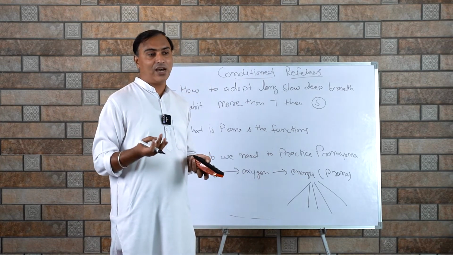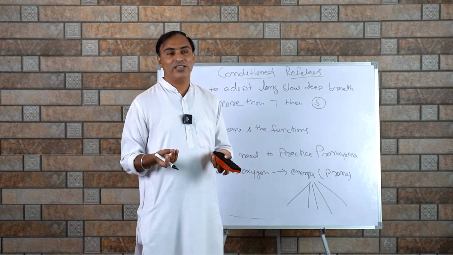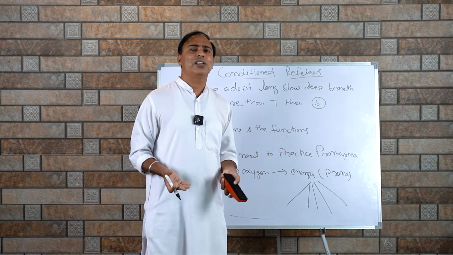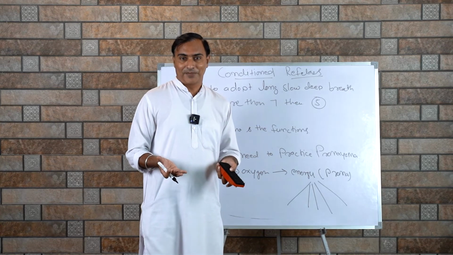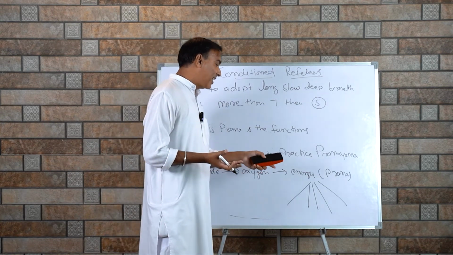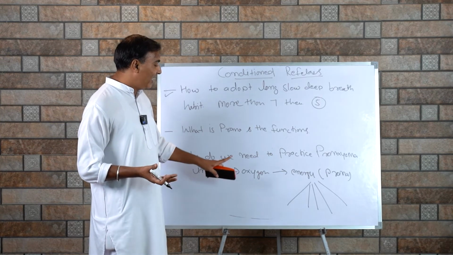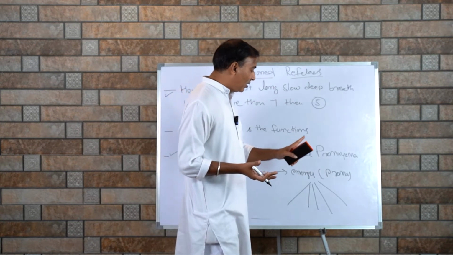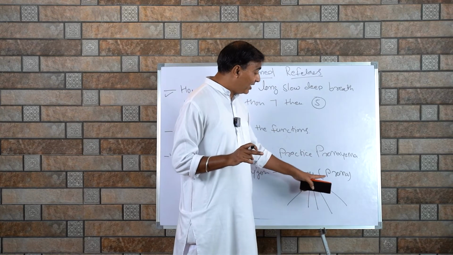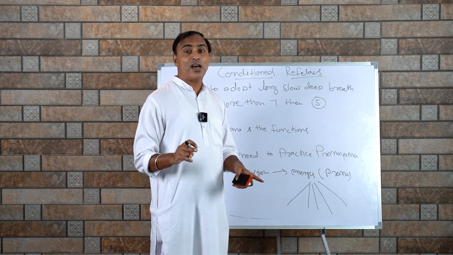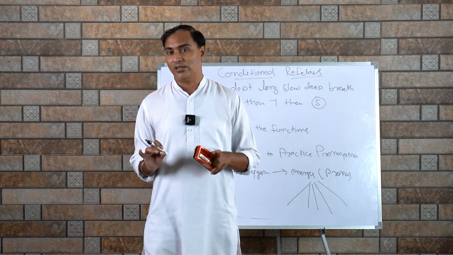So you can think, if your heart is working properly, if your liver, your kidneys, your intestine, your brain, your eyes are working properly, so what is the problem there? So simply, prana is an energy that we get from the oxygen. After each inhale, after getting the oxygen, we get the prana, and this energy starts distributing throughout the body to reach and nourish every cell of the body.